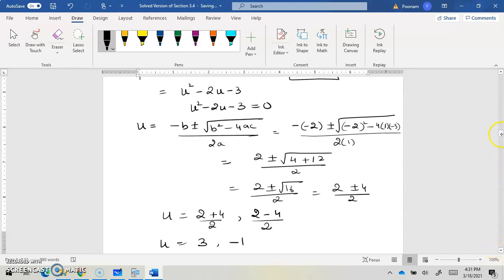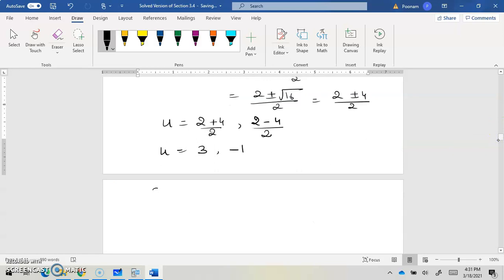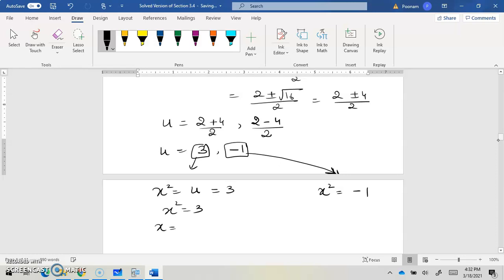Now, we were not supposed to find u. We were supposed to find x. x square is u. So, u is either 3 or -1, so x square will be equal to 3 or x square will be equal to -1. So, x square is equal to 3, so x would be equal to plus minus square root of 3.